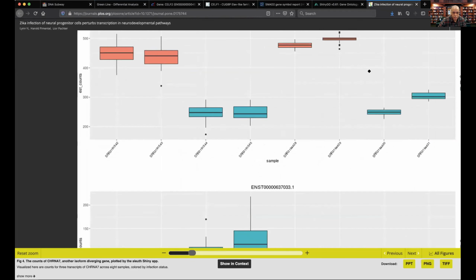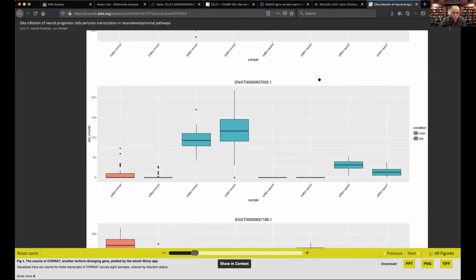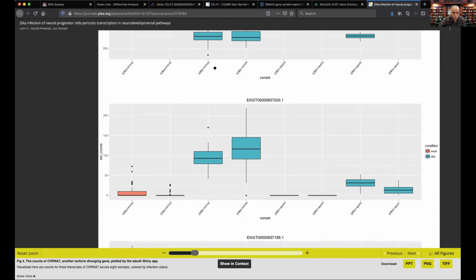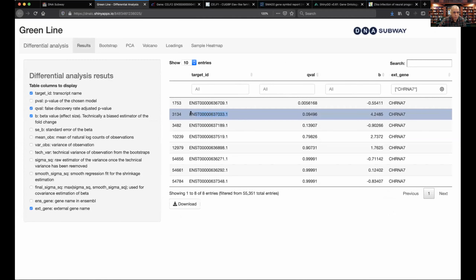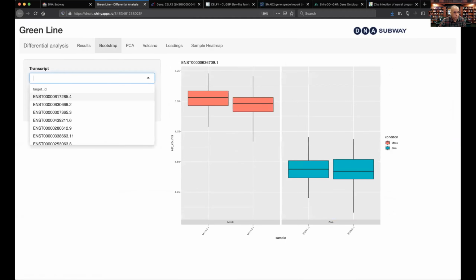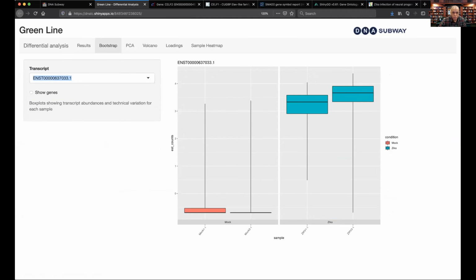If we look at another transcript where the reverse is true, the 7033.1, this one, fourfold difference. Look at the bootstrap. And we should see it's reversed, right? So that's excellent. But looking at genes one by one sometimes doesn't tell you the whole story.